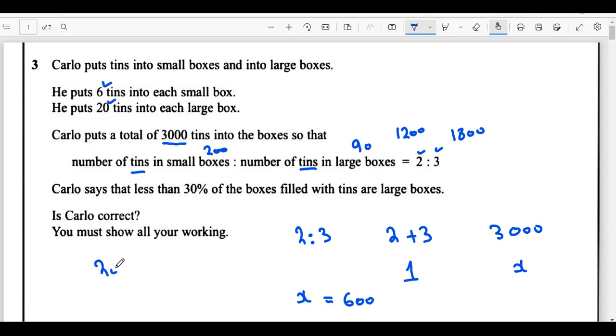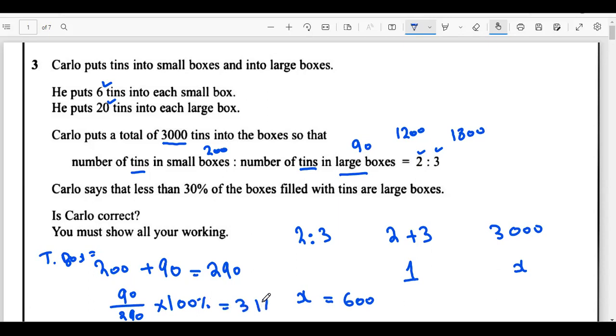So total boxes is going to be 200 plus 90. That would give you 290. The number of large boxes is 90. So 90 divided by 290 times 100% would give you 31%.